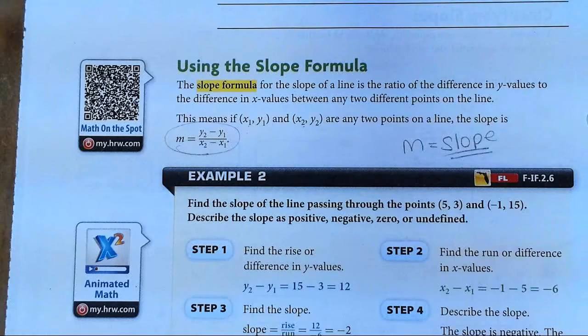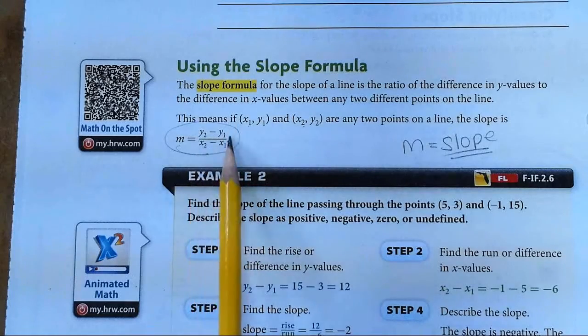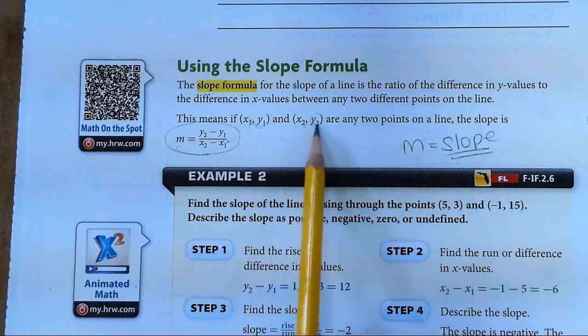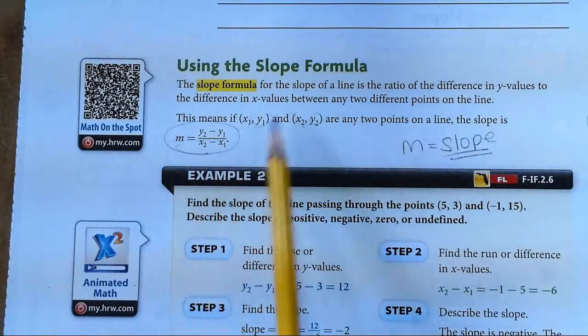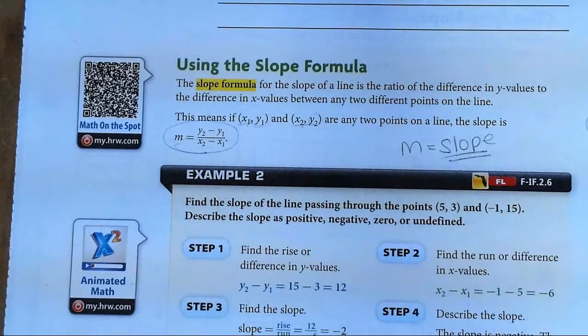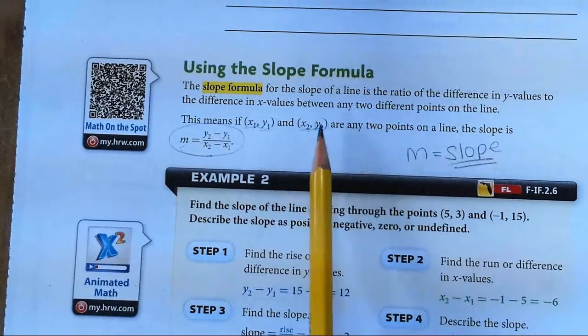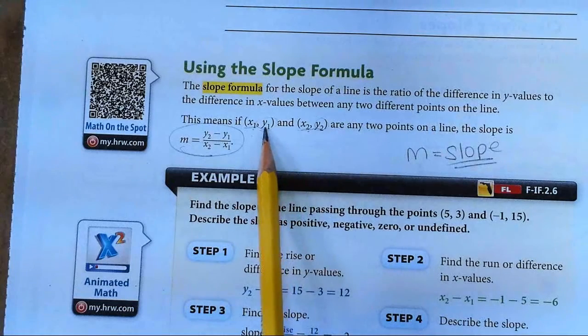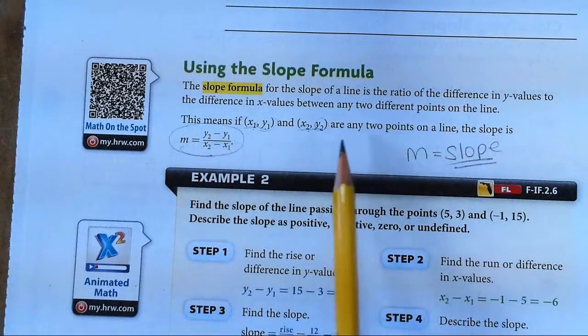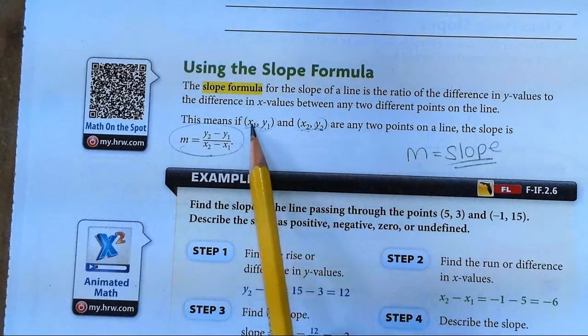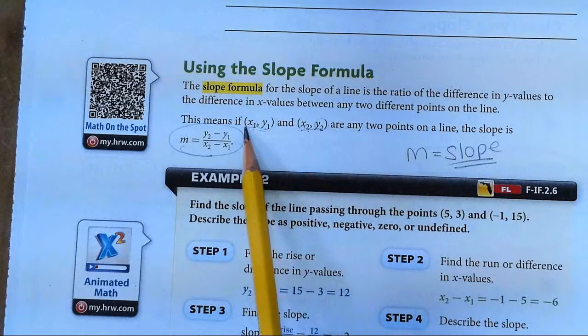Either they will give you 2 points or you will choose any 2 points on that line, and then you're going to go ahead and substitute the y's for the y values, and these x's for the x values. So typically you're going to go this number minus this number, see, y2 minus y1, and then this value minus this value, so x2 minus x1.